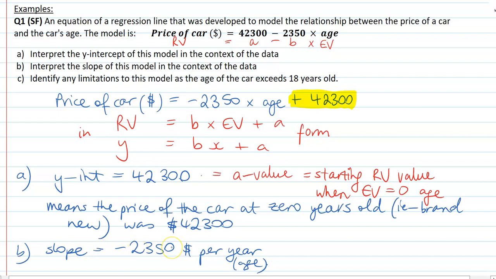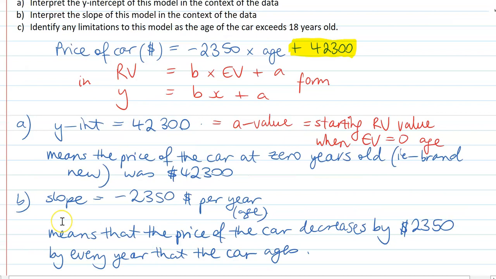So interpreting that, I would say something like, for every year the car ages, the price of the car decreases by $2,350. So you would write some sort of statement like that.